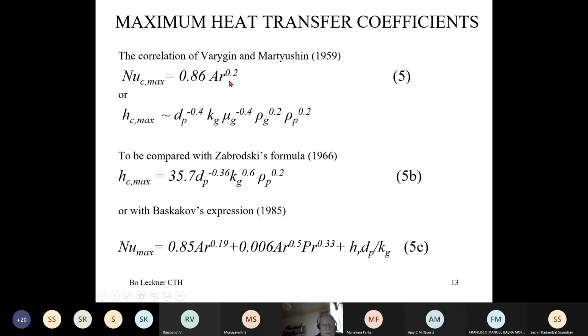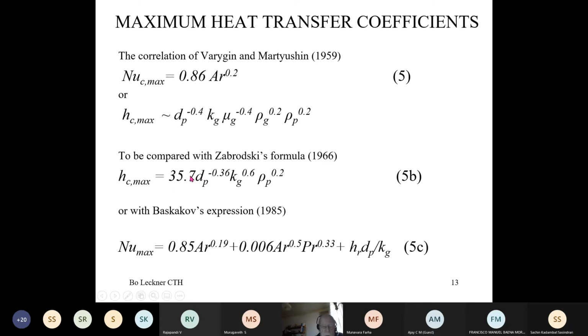But the difference between this dimensionless formula and this one is a problem with the dimensional formulas. You could ask yourself, what is the dimension of the particle size? If I have particle sizes of 1 millimeter, do I put 1 millimeter here? Or do I put 1 meter? Or which unit should I use in this correlation?